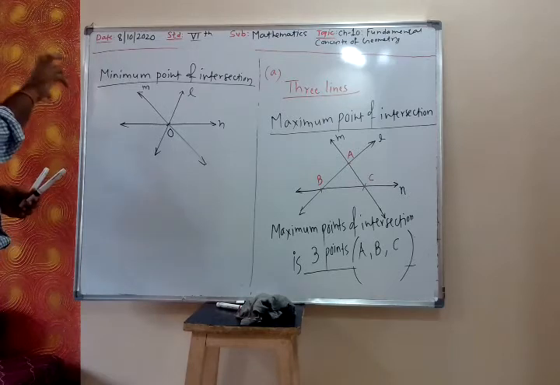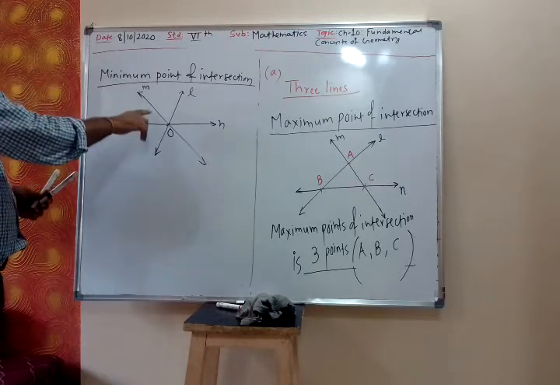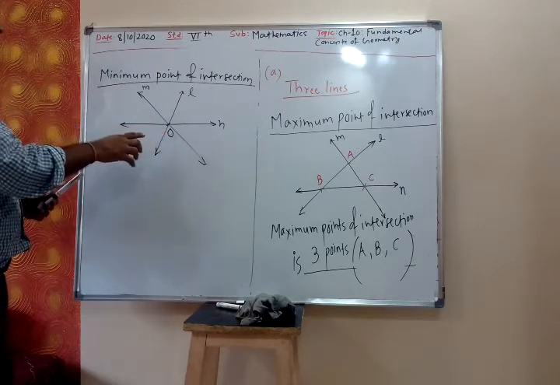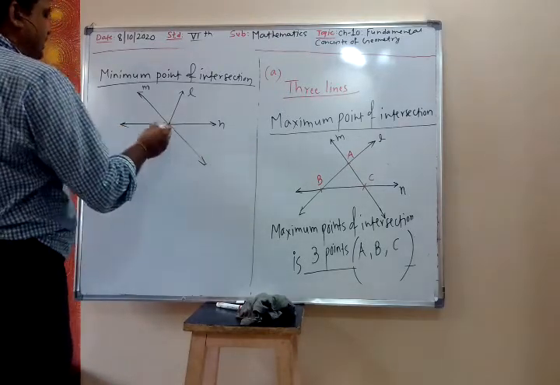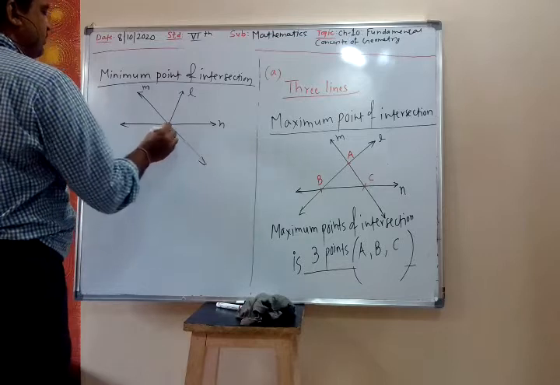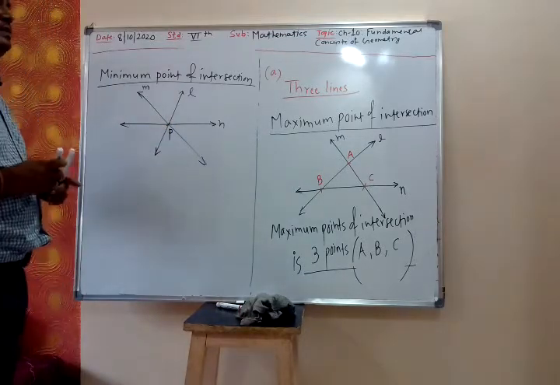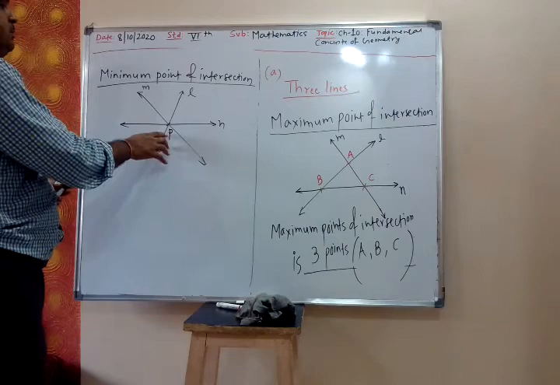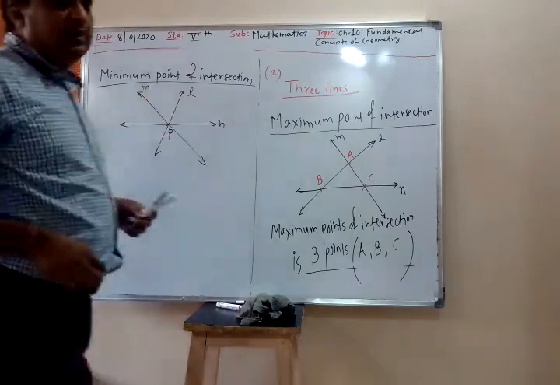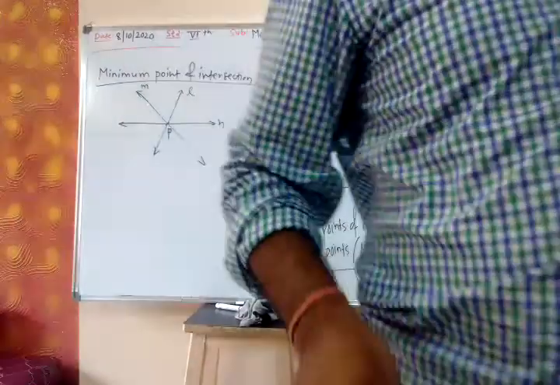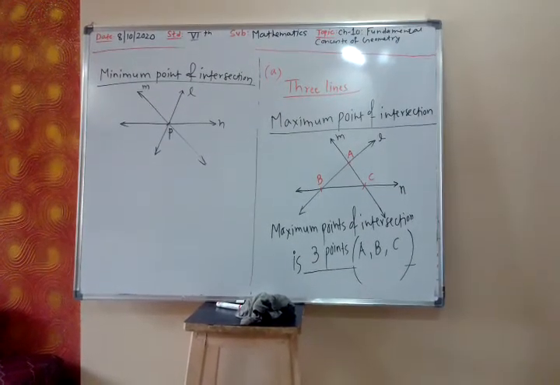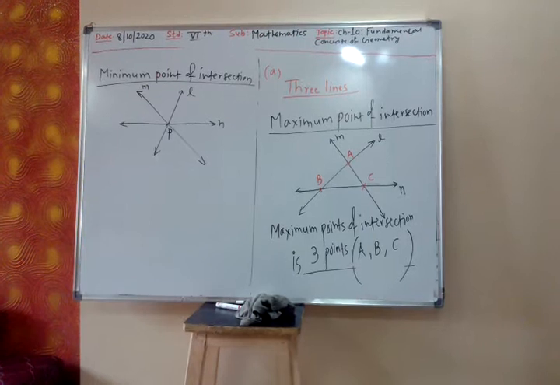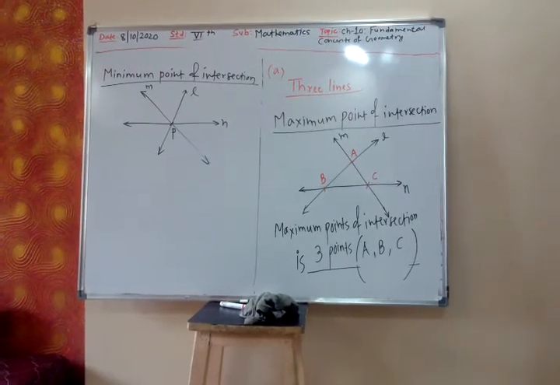So for the minimum point of intersection for 3 lines, instead of O you take this as P. You should not get confused that O is the same as 0. So P is the point of intersection of all the 3 lines.